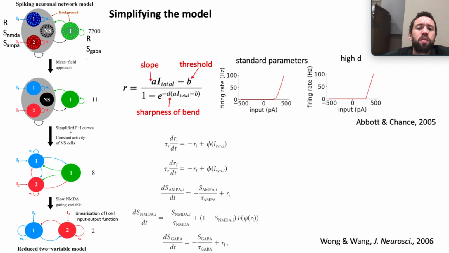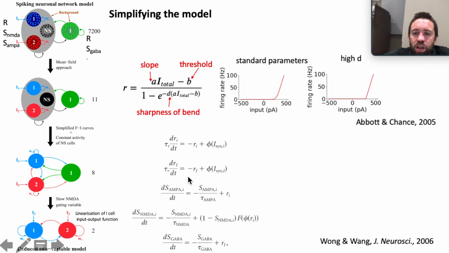So we can assume that the AMPA dynamical variable reaches its steady state much sooner than NMDA. And therefore, the AMPA dynamics become essentially a constant function of the input firing rate. So over this decision, which takes place typically over hundreds of milliseconds, the only really important dynamics seem to be happening in this slow NMDA receptor.